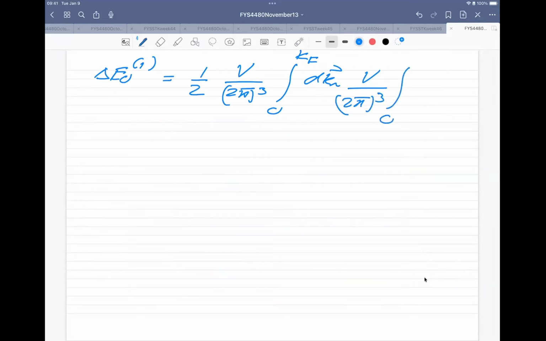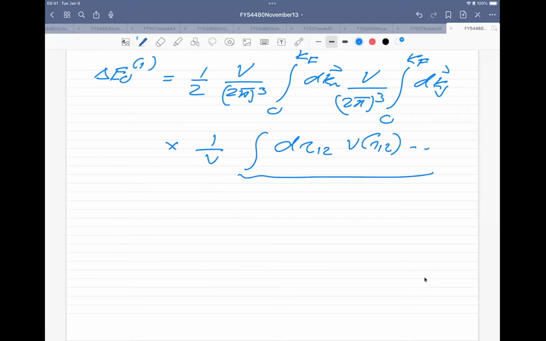And then I have 0 up to kf, and then a dk_j. And this is multiplied with 1 over V. And then there's an integral over dr_12 of v(r_12) times some constants. And then we are just simply assuming that this is a constant.